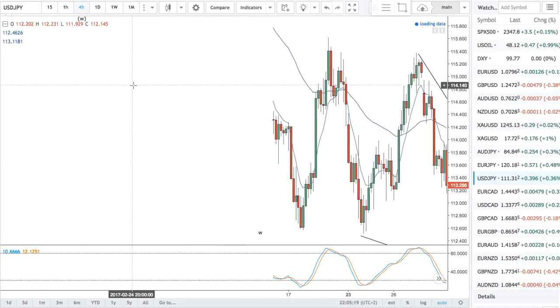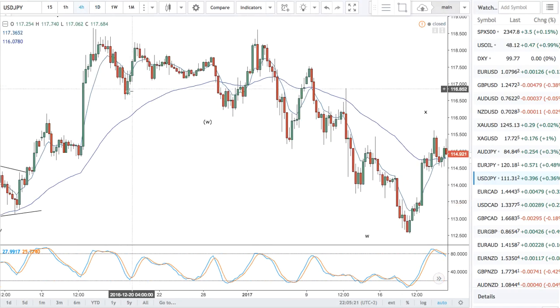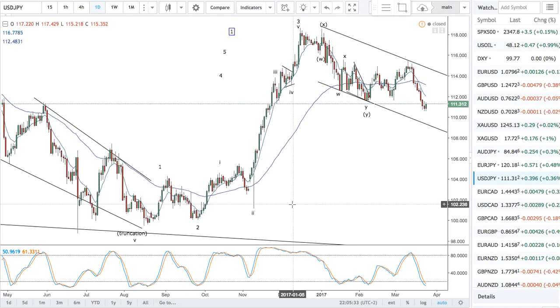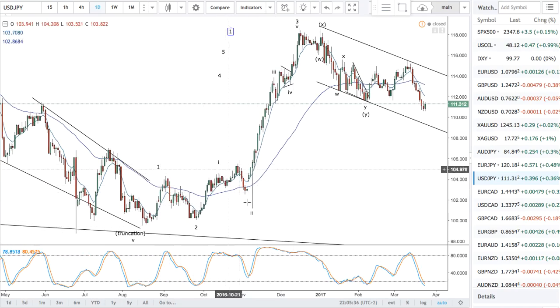I cannot take it as a 5-wave move as it looks right now, and this move here is probably not a truncation. If you want to force a move here, so it's 1, 2, 1, 2, 3, 4, 5, 4, and 5 for a truncation. Okay, maybe.